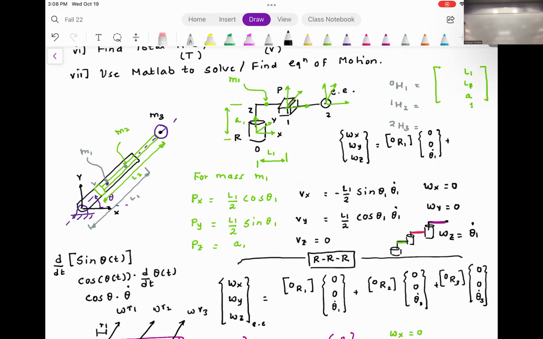So for mass M1, I'm going to call this Vx1, which is the velocity, which is minus L1 by 2 sine theta 1 dot.